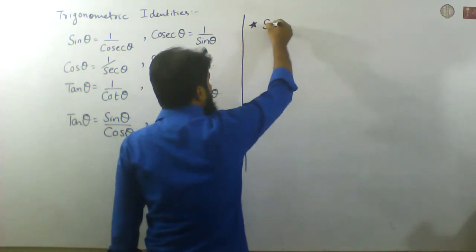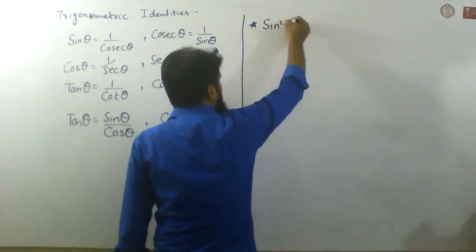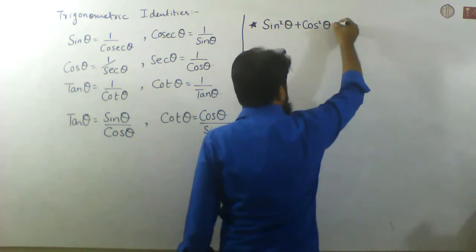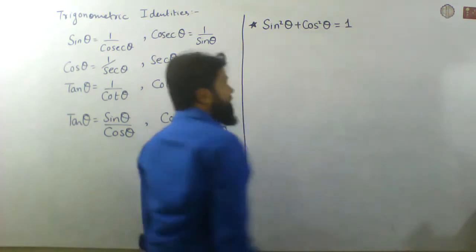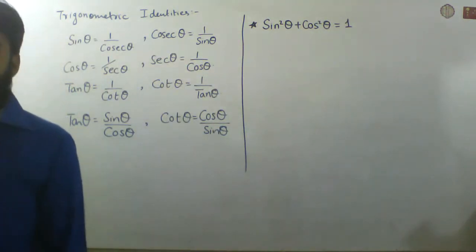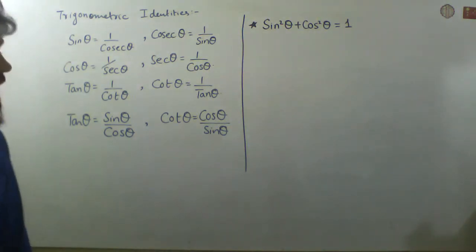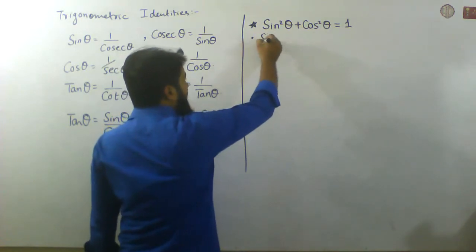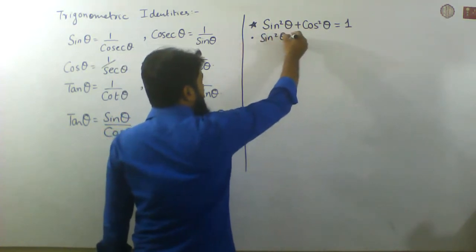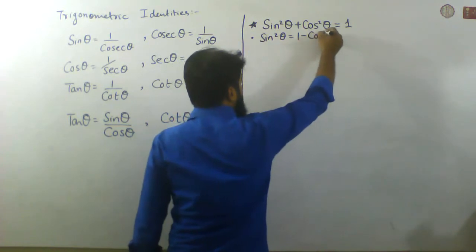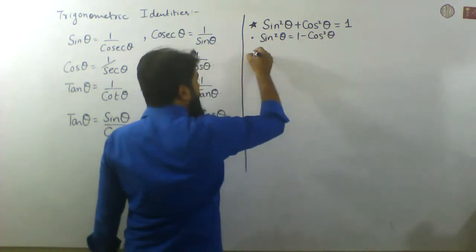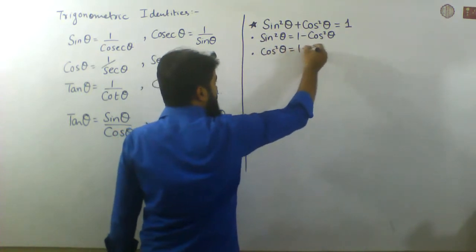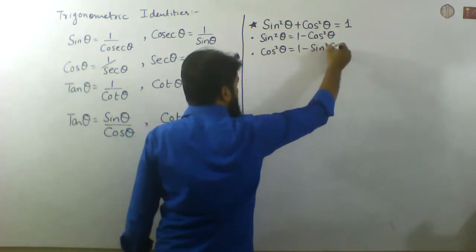The first squaring identity is sin square theta plus cos square theta equals 1. What are the different variations you can have over here? You can have sin square theta equals 1 minus cos square theta, or cos square theta equals 1 minus sin square theta.